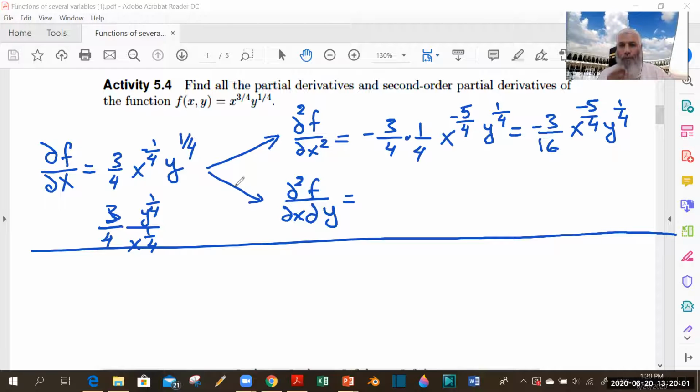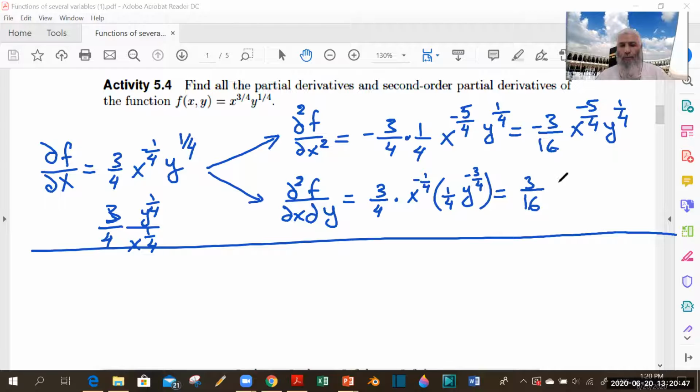Here we can write 3 over 4 x to the power negative 1 over 4, multiplied by 1 over 4 times y, and minus 1 gives y to the power negative 3 over 4.